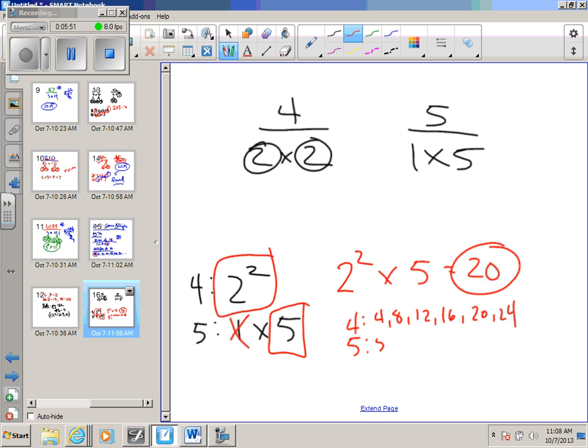And then the 5s. 5, 10, 15, 20, 25. And then it says, okay, find the first multiple that they have in common, and you can circle the 20. Now, the issue with this is if you make a mistake somewhere along the line in making your list, you may go on forever and never find it.